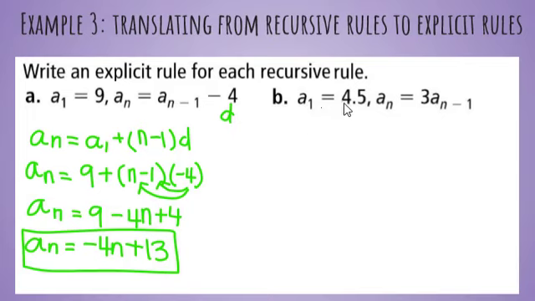So for B, we have a sub 1 equals 4.5 and a sub n equals 3 times a sub n minus 1. And this right here is our r, which is our common ratio. So this is a geometric sequence. And we just learned about geometric sequences, and your explicit rule is a sub n equals a sub 1 times r to the n minus 1 power.